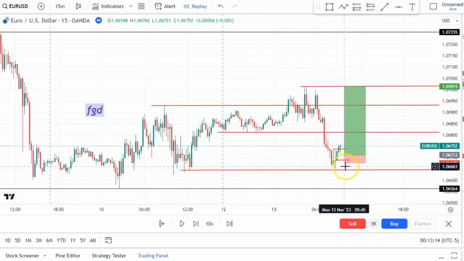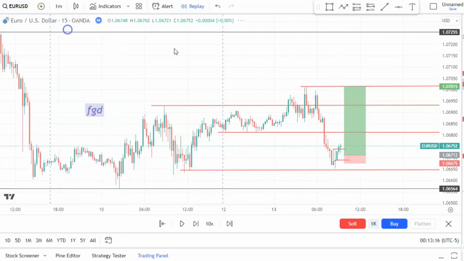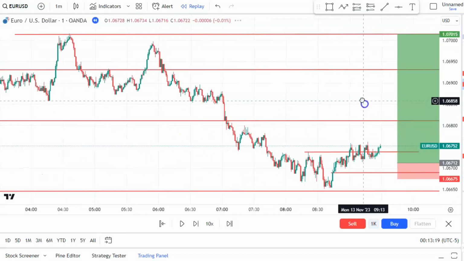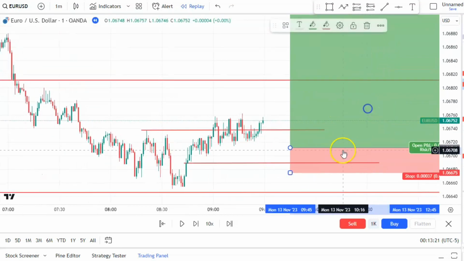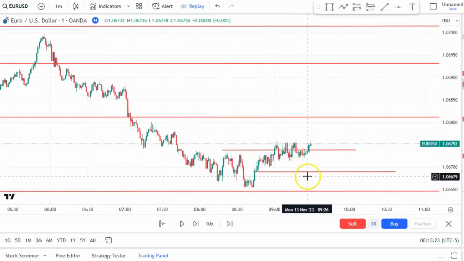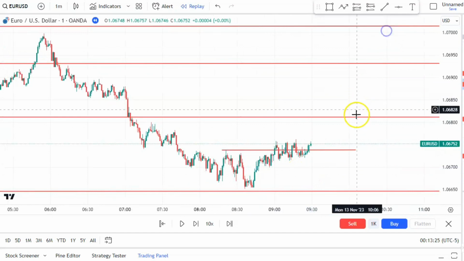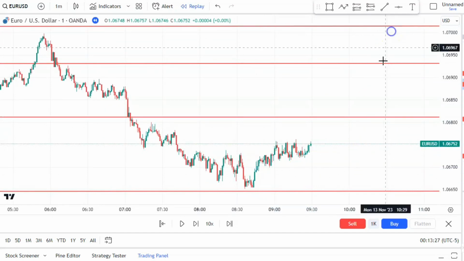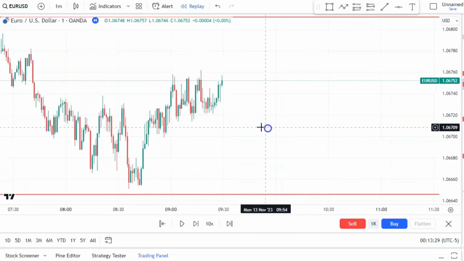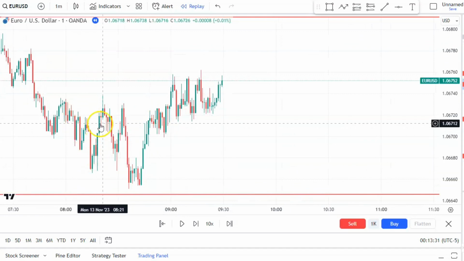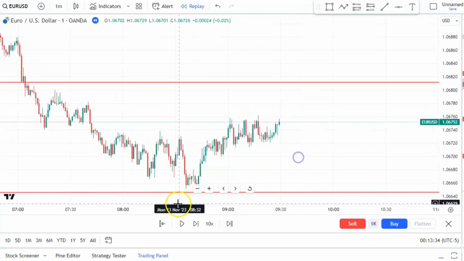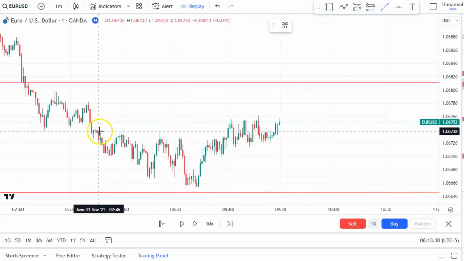So once I saw this, I just went to the 1 minute time frame and I'm looking at, okay, where do we have trapped volume or trapped traders? If you look at price action, what was happening here? We had people selling, and then this move cleared out all of these people.